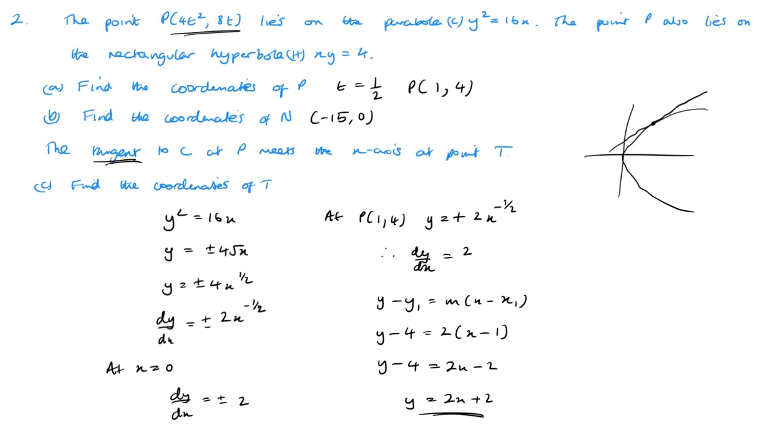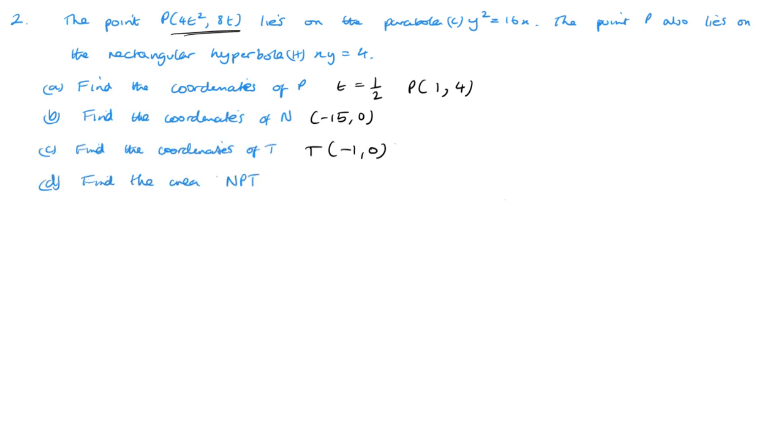So T is on the x-axis, so at y equals 0, 0 equals 2x plus 2, 2x equals negative 2, x equals negative 1. So T is (negative 1, 0). Now next we have to find the area of NPT. If we look at a very quick sketch, T is going to be there, N is going to be there, and P is going to be there.